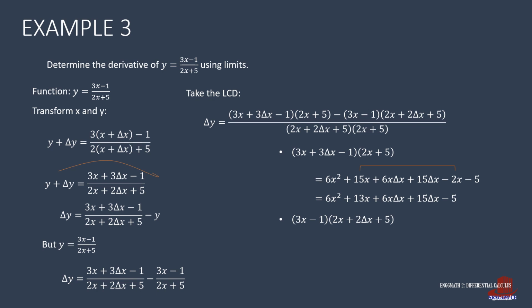The remaining term on the numerator is next to be expanded, which results in 6x squared minus 2x plus 6x delta x minus 2 delta x plus 15x minus 5. Similarly, the only similar terms are negative 2x plus 15x, resulting in the expression 6x squared plus 13x plus 6x delta x minus 2 delta x minus 5.